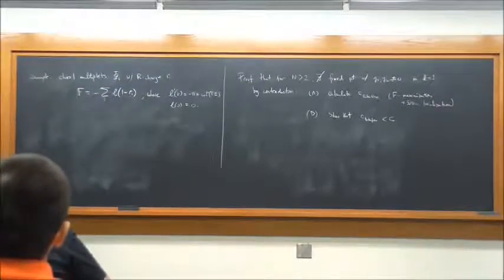Then we consider all possible choices of R charges consistent with the fact that the superpotential should have R charge 2, and the one that maximizes F is the one corresponding to the superconformal field theory.